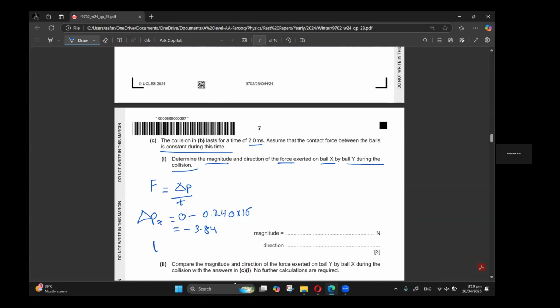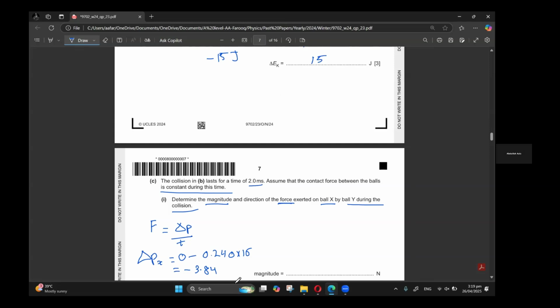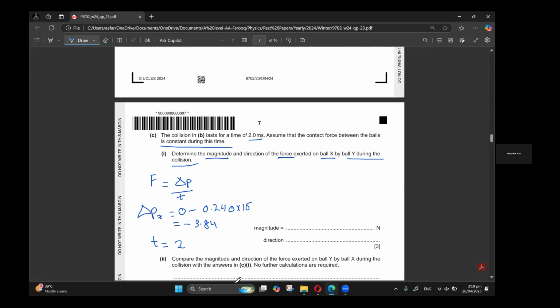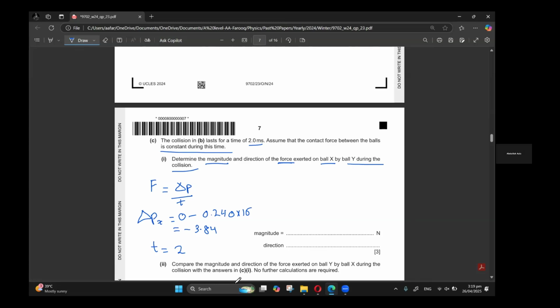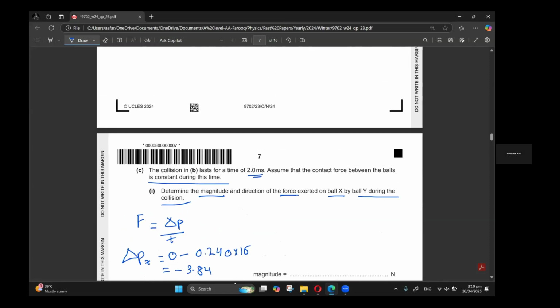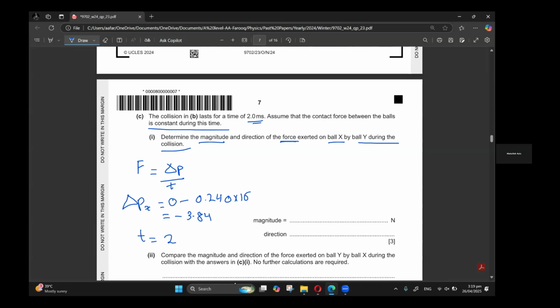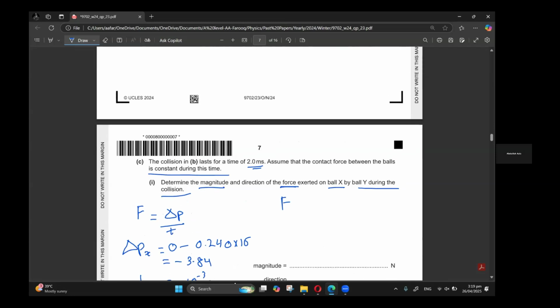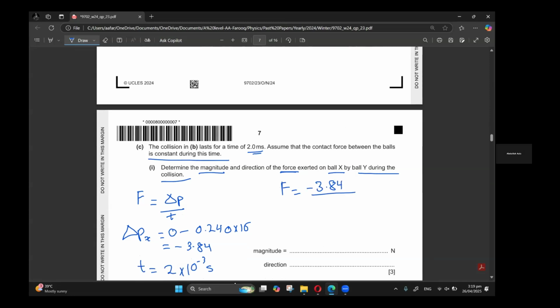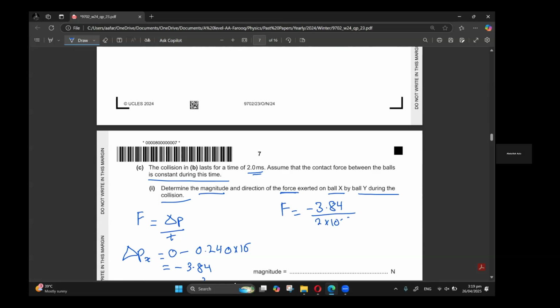And we have the time, which is 2 seconds. Oh, it says 2 milliseconds, sorry. 2 into 10 to the power negative 3 seconds. So F is equal to negative 3.84 divided by 2 into 10 to the power negative 3.